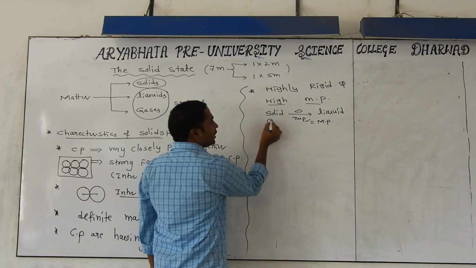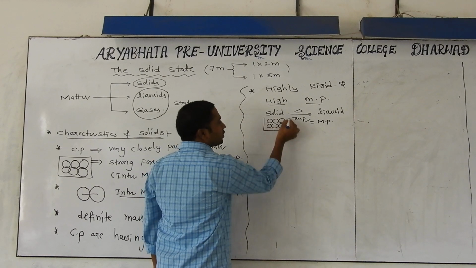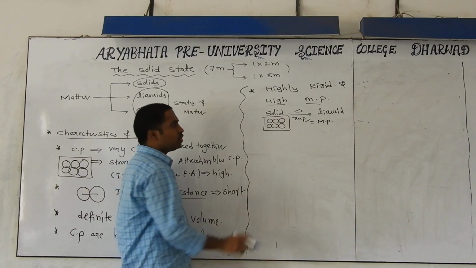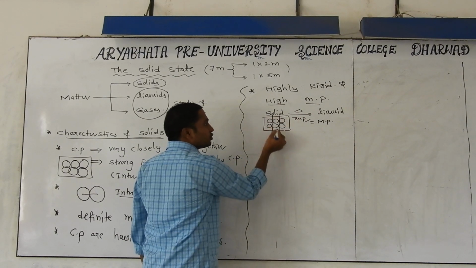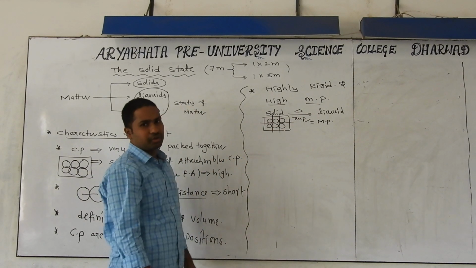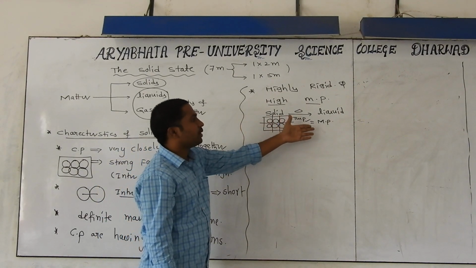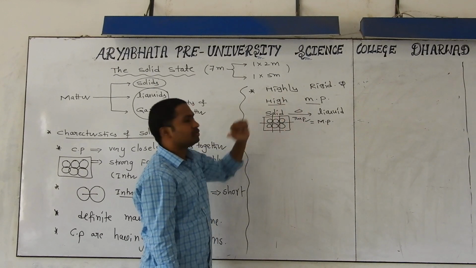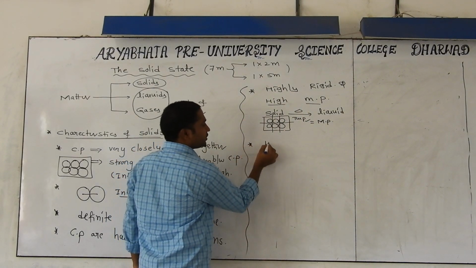In solids, constituent particles are very tightly packed because of strong force of attraction. To convert that into liquid, we must break the force of attraction between the constituent particles. This process requires more energy. That's why the melting point of solids is high.